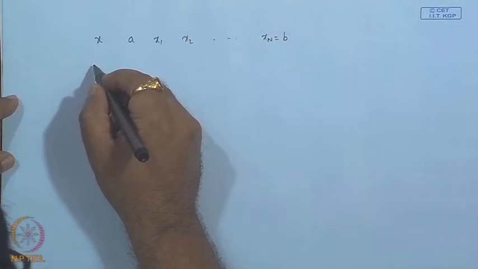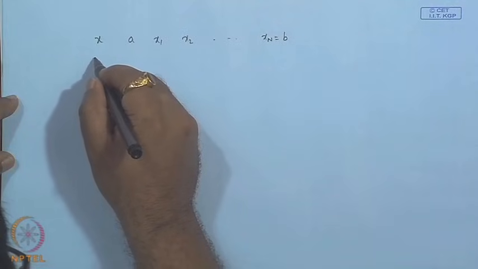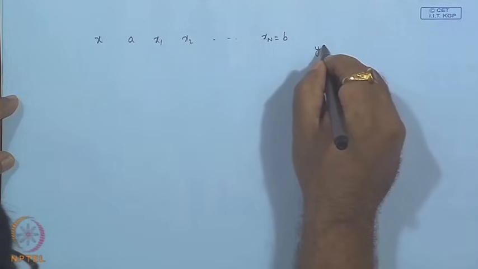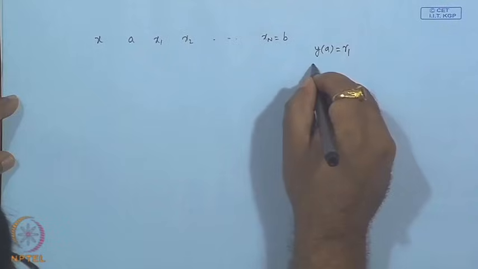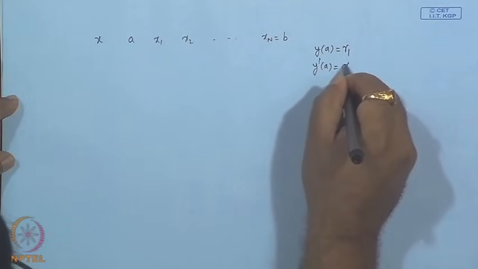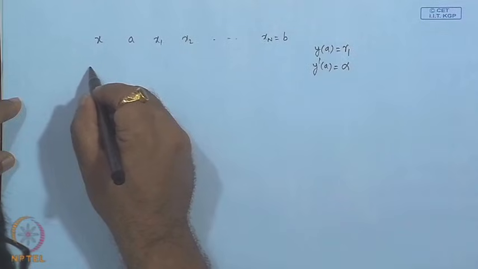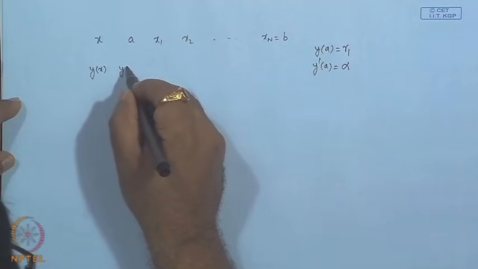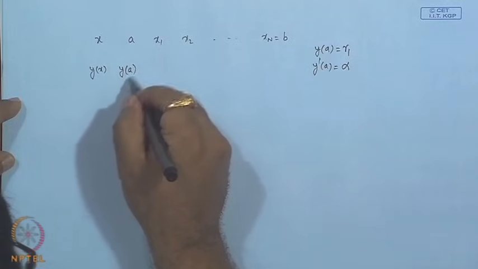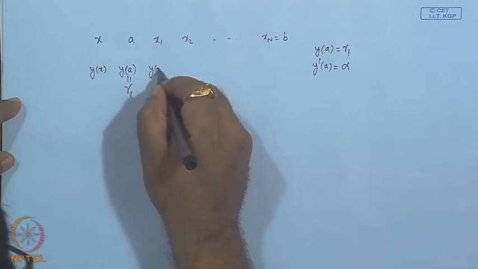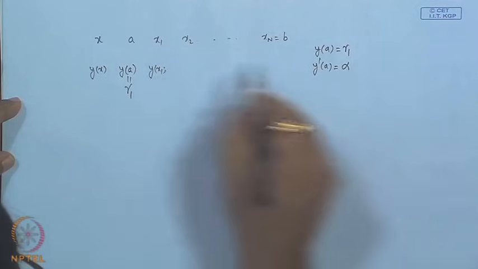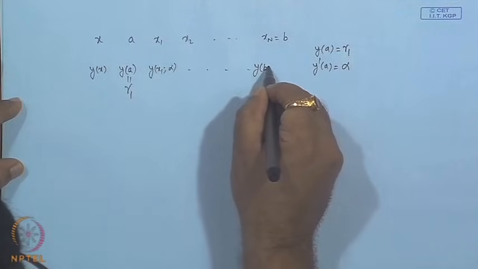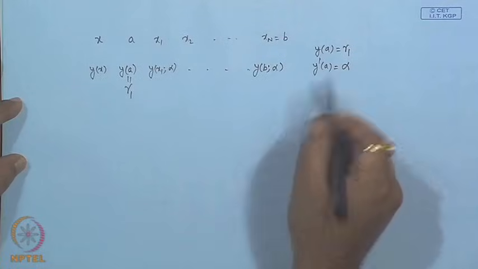And here we should mention our y of a is gamma 1 and y dash of a is alpha. Now if we compute, we can get the value of y of x 1, of course, with this alpha. So, one can compute y of b with this alpha.